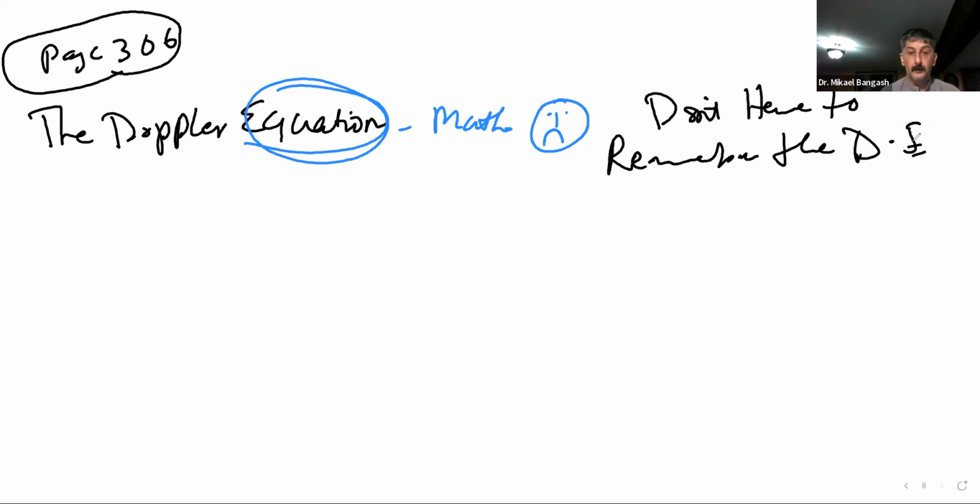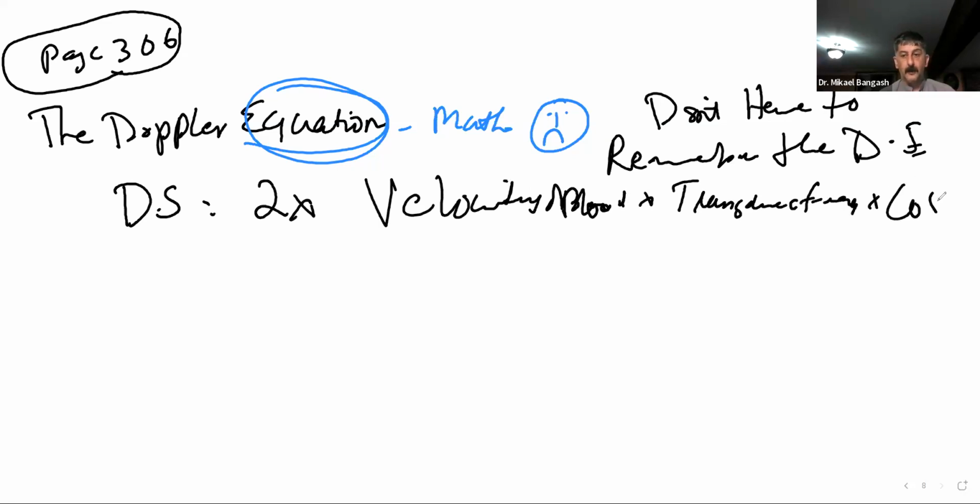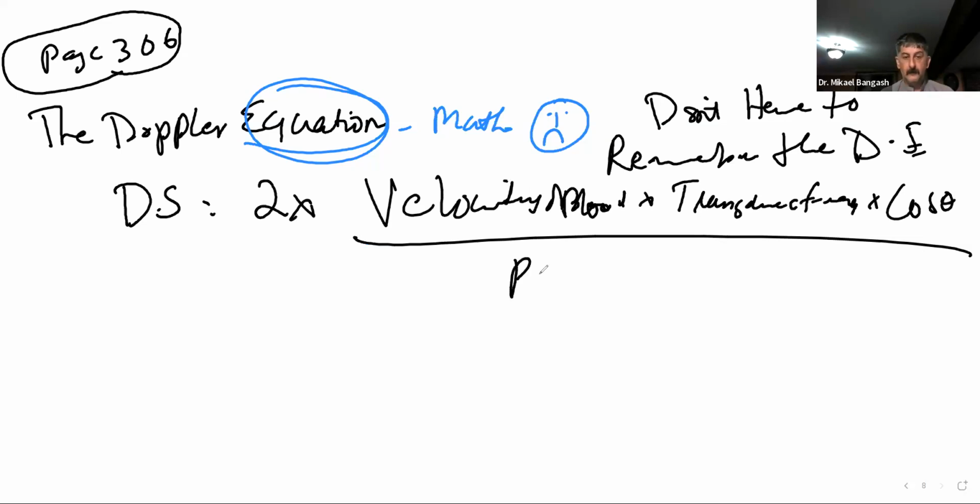But that's about it. What is going to be important is that the Doppler equation is the velocity of blood multiplied by the transducer's frequency, multiplied by the cosine theta, divided by the propagation speed.